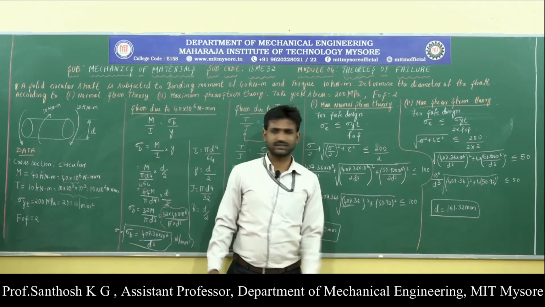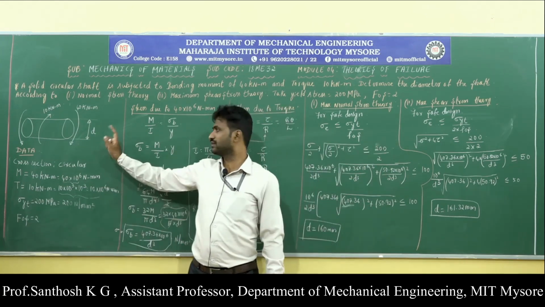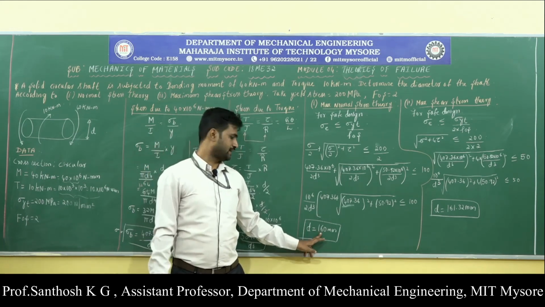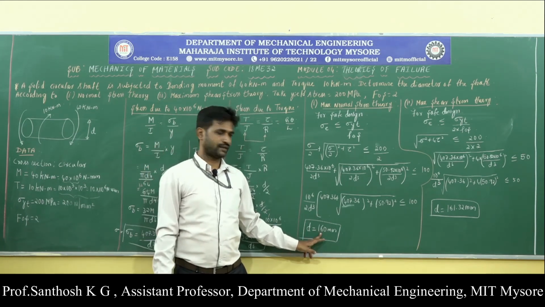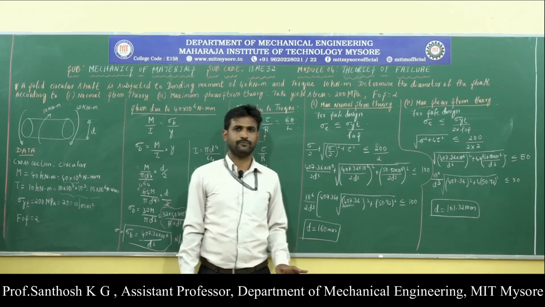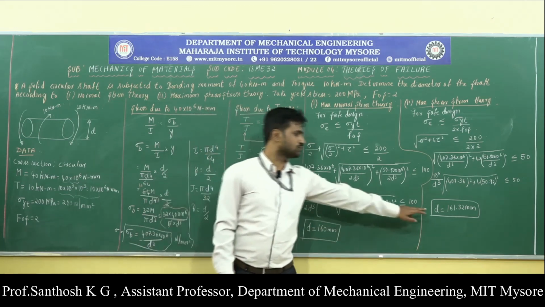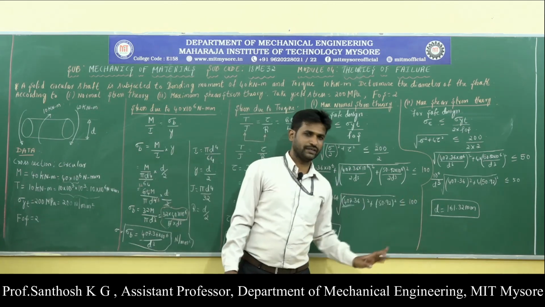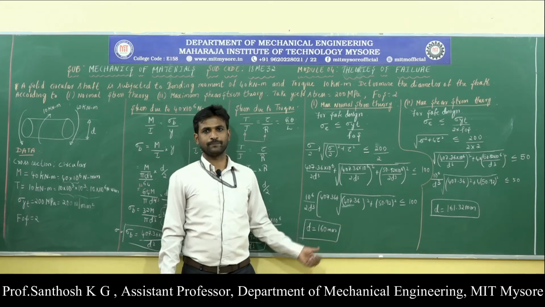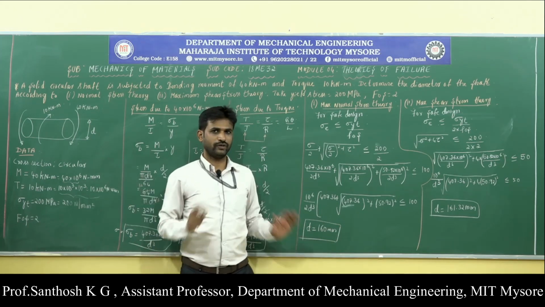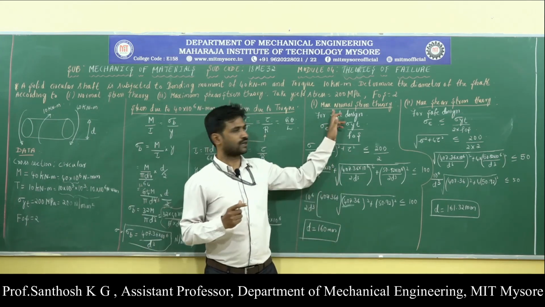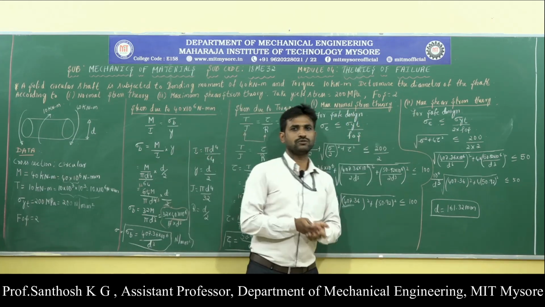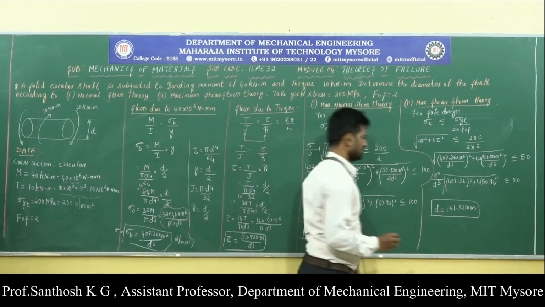But if you come to the maximum shear stress theory, then this shaft will not withstand that load by taking the diameter of 160 millimeters. But if I choose the diameter of the shaft as 161.32, which is greater than 160, then this shaft will be safe according to the maximum normal stress theory and also according to the maximum shear stress theory.